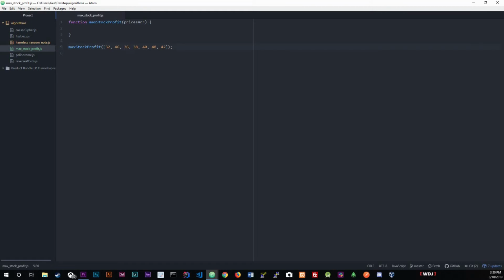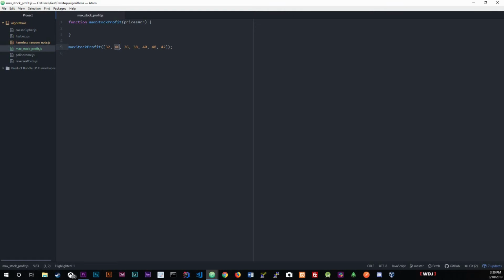So we know that this buy point needs to change. We need to change it, but where do we change it? Do we change it here or here? Well, we know that we're currently on 26, right? So we could change it right here, but we know that this number gave us a profit, so that means this number is bigger than the original number, right?